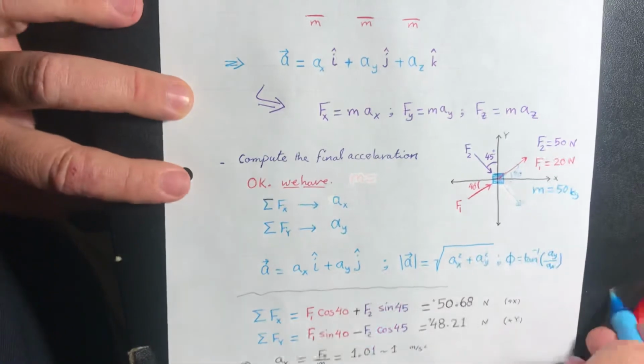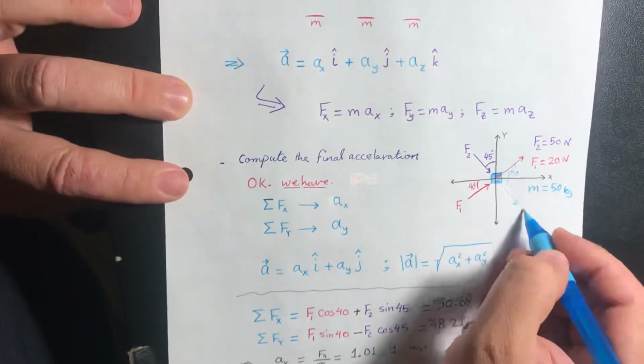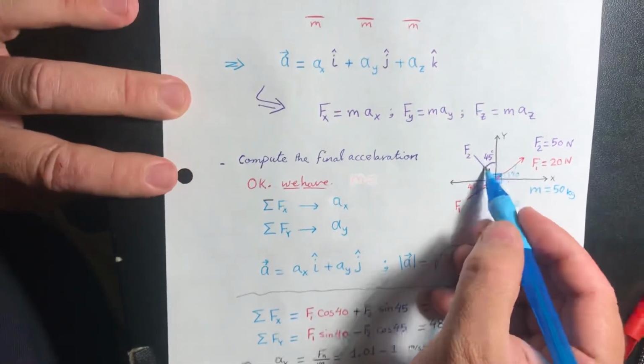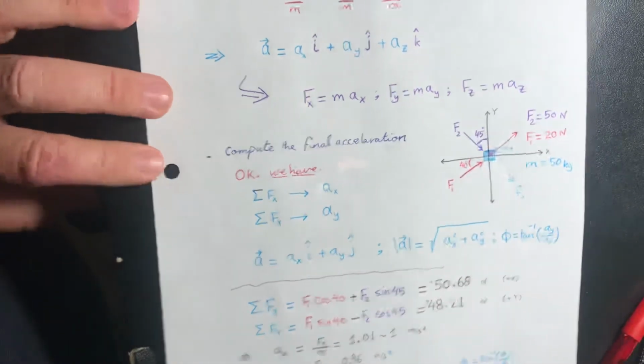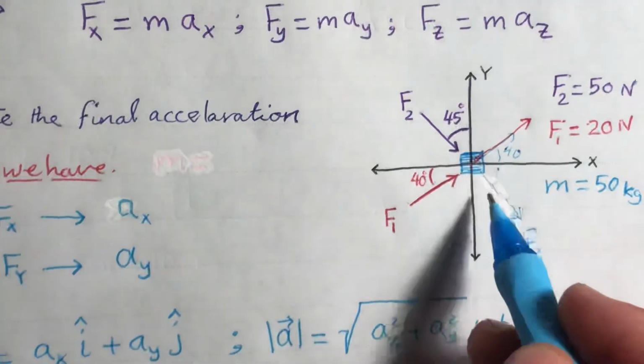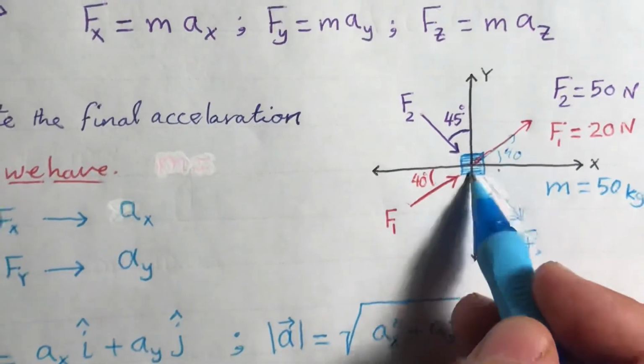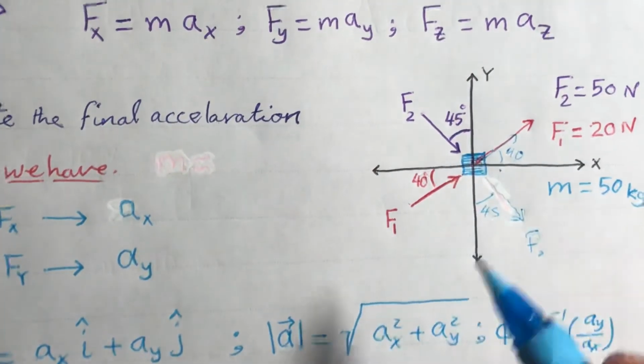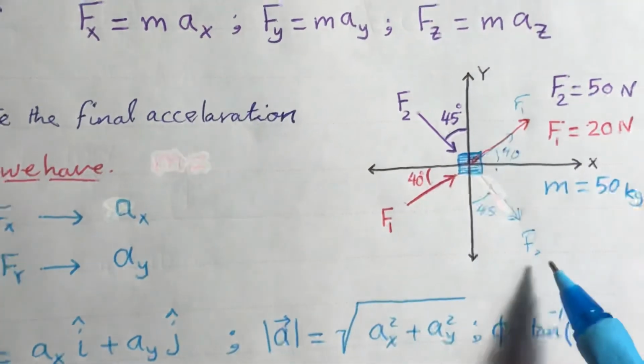This is f2. Because this angle is 45, then this one is 45, and this angle is 40. So this is f1 and this is f2.